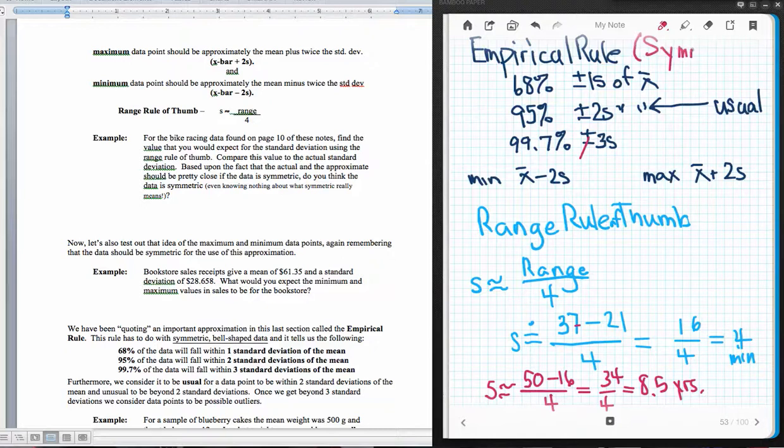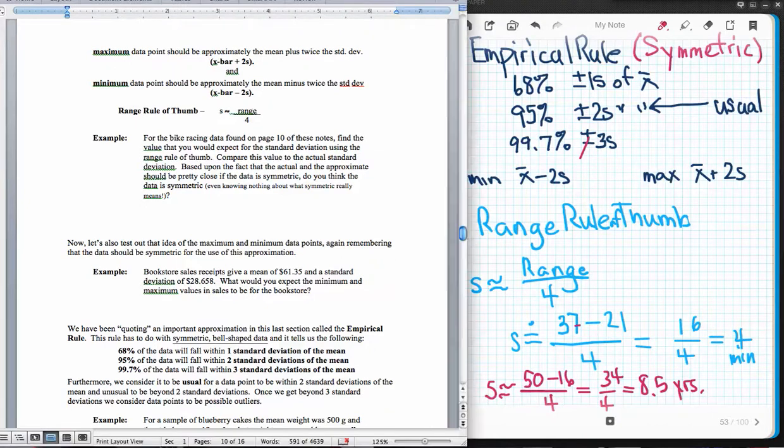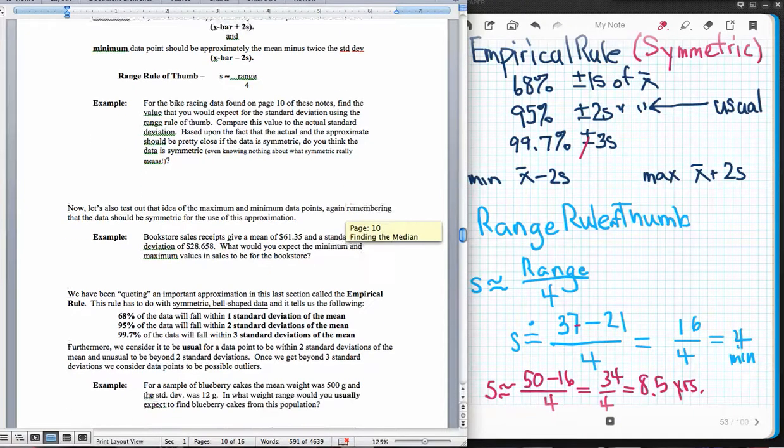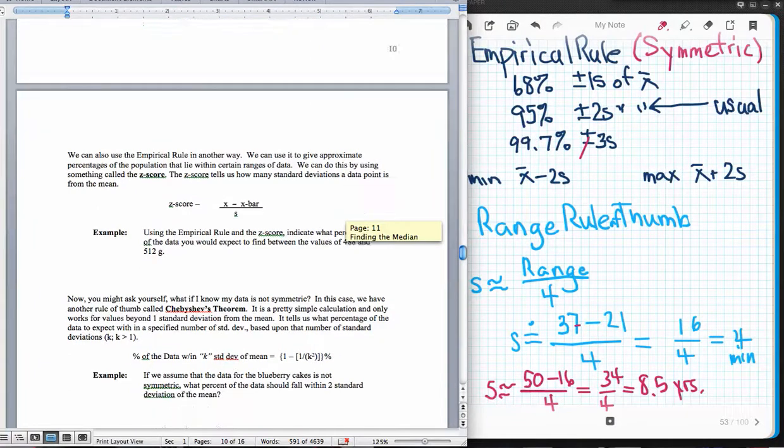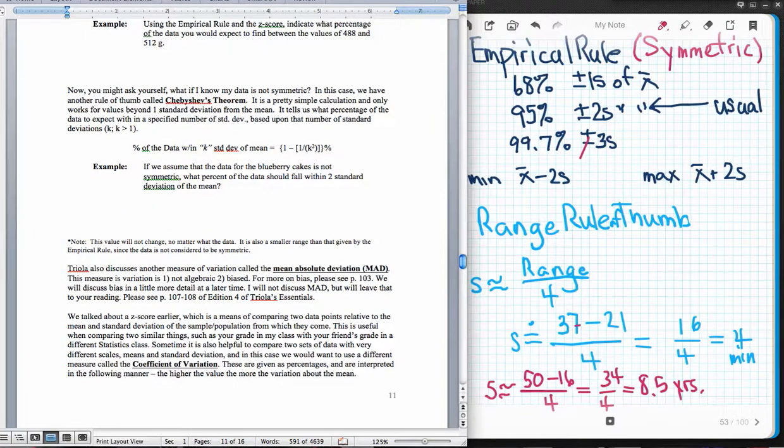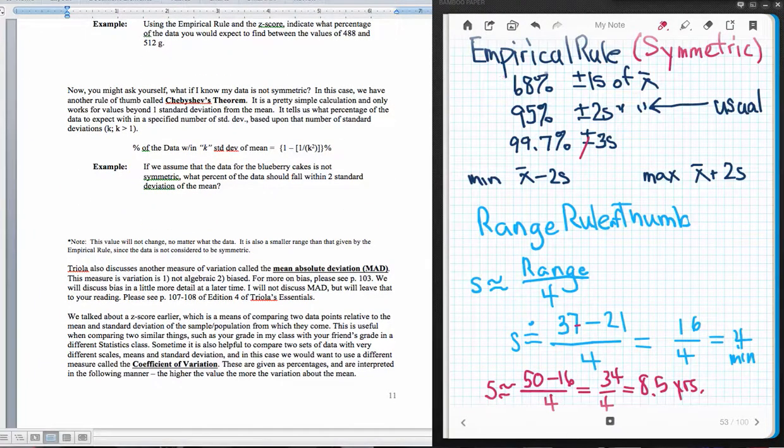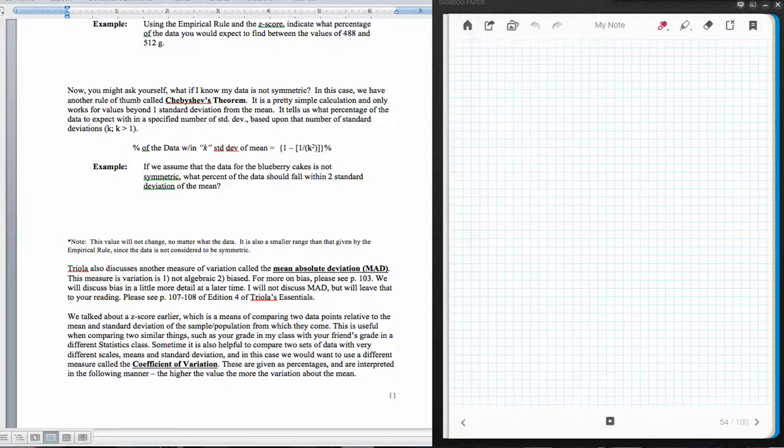Now, if we don't have symmetric data, one of the things that we might use is something called Chebyshev's theorem. Chebyshev's theorem says, okay, if we don't have that symmetry, then we can approximate the percentages in a slightly different way. We don't have a rule of thumb that goes along with Chebyshev's, but we can certainly talk about percentages.